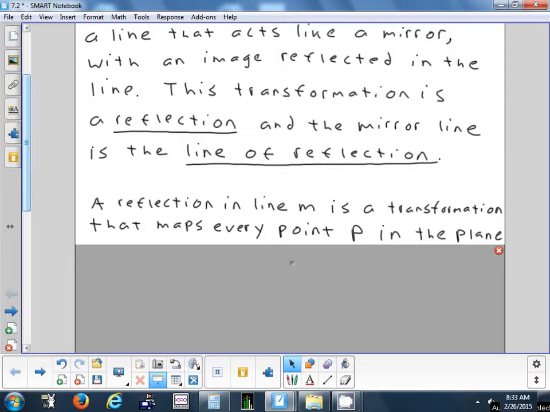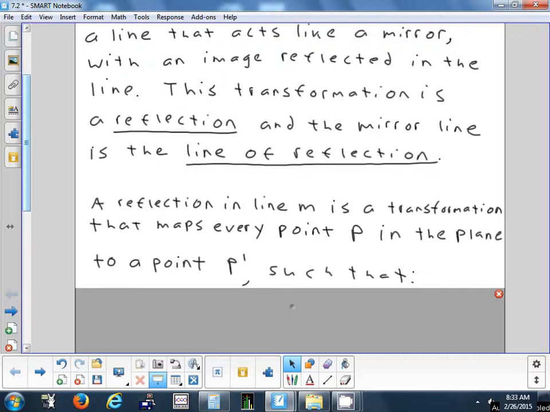We described transformations yesterday as a mapping, meaning it starts at a certain point and gets mapped to a new point. What I'm about to do is describe how all the points are mapped in a reflection, and this is going to be true for every reflection that you do.